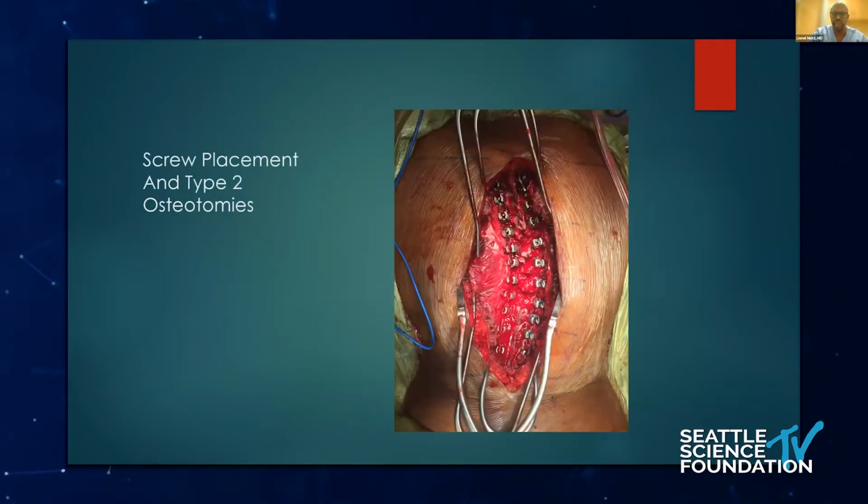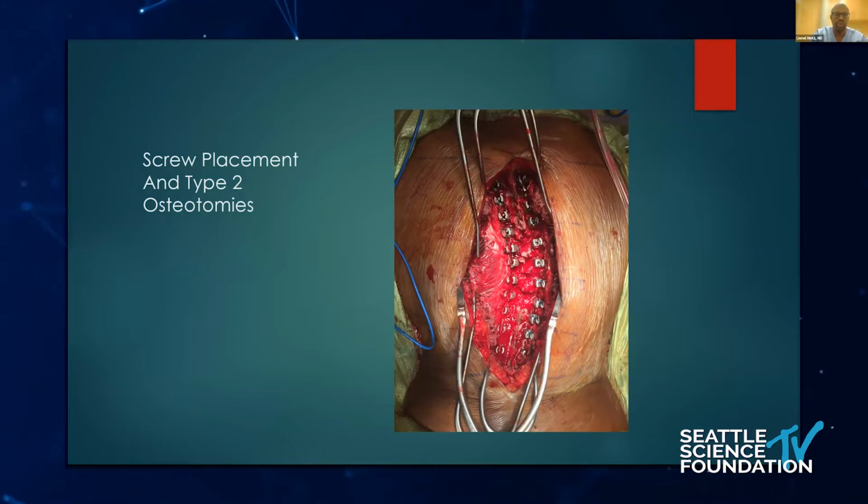So that's where the type 2 osteotomies, or the Smith-Petersen or Ponte osteotomies, all sort of the same concept, come in, in that we're removing part of the lamina, the interlaminar ligament or ligamentum flavum, and either the superior facet or the joint capsule, to allow more instability of the dorsal column, and in particular, lengthening of the dorsal column to induce kyphosis.